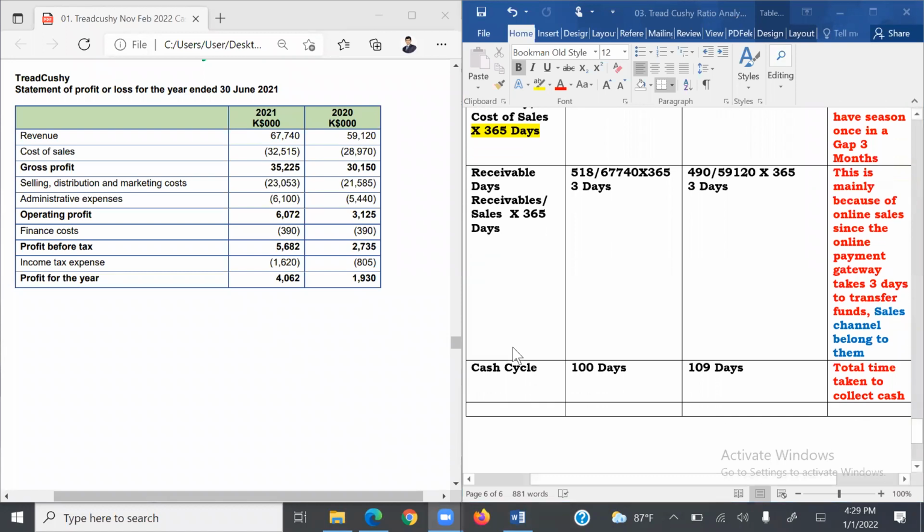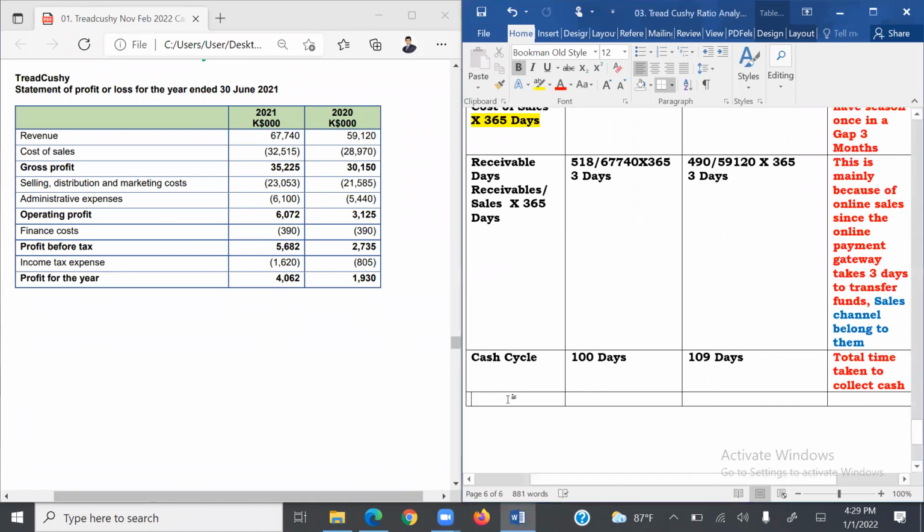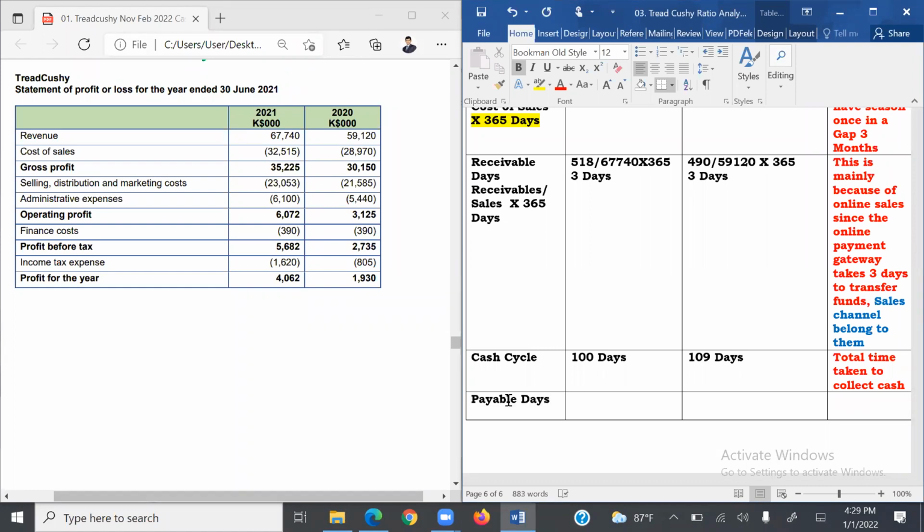Okay, so students, coming to the next one that we say as payable days. That is closing trade payables divided by cost of sales. Actually, it should be credit purchases, but in most cases it's cost of sales, multiplied by 365 days.